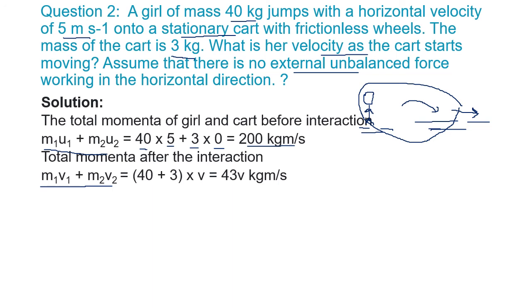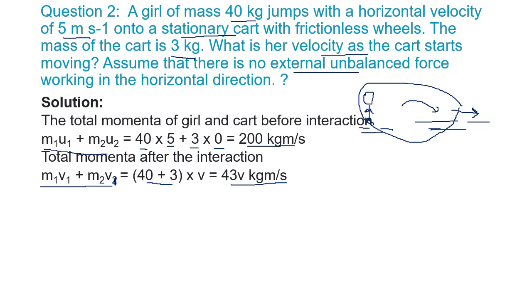So we have v2 equal to v1. So I can write here v1 or just v. Both the velocities are equal now because the girl has jumped on the cart. So the total mass, m1 is 40, m2 is 3. So 40 plus 3 into v is 43 v kg meter per second, the momentum after the girl jumps on the cart.